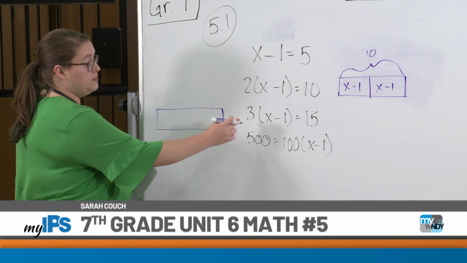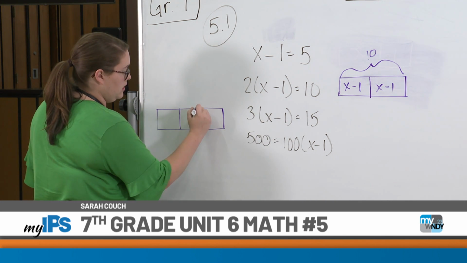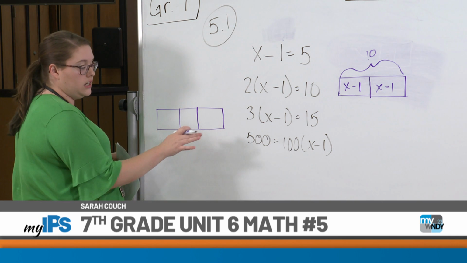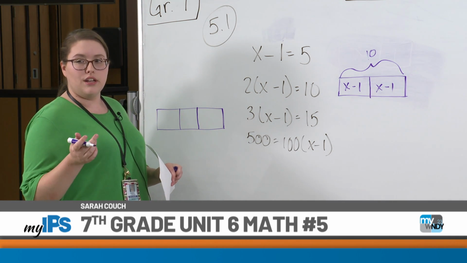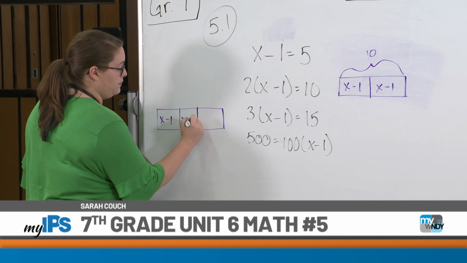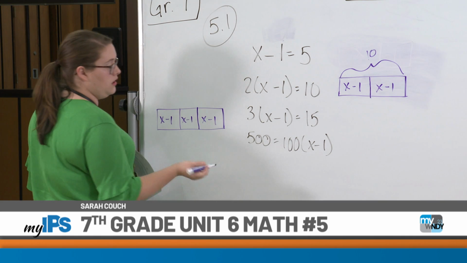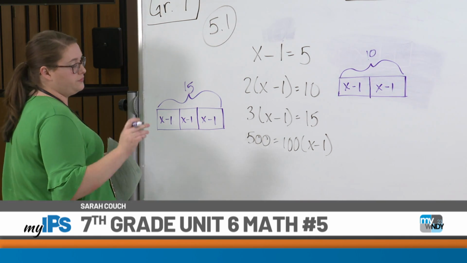That's right, I'm going to need 3 because I have 3 of this quantity. So I have 1 here and 1 here. And if your picture is not exactly equal, it doesn't really matter at this point because we're just trying to understand. We just need to know that these are the same value. And then that equals 15.